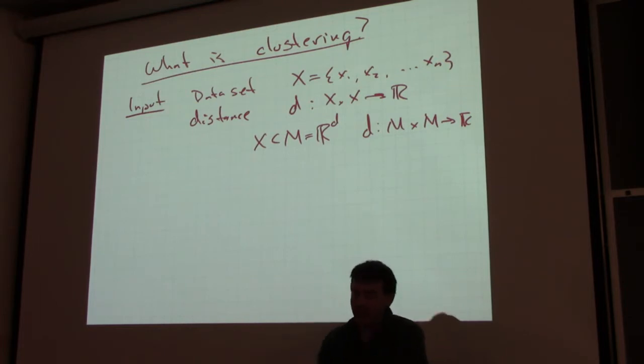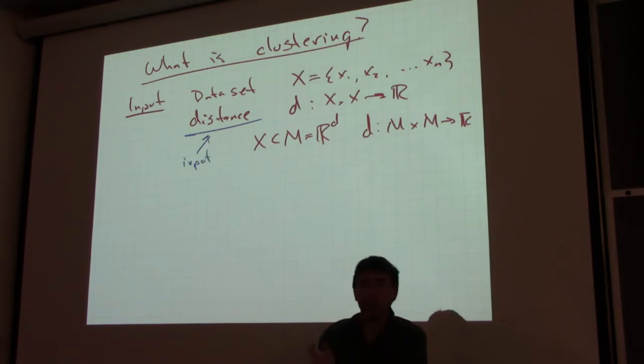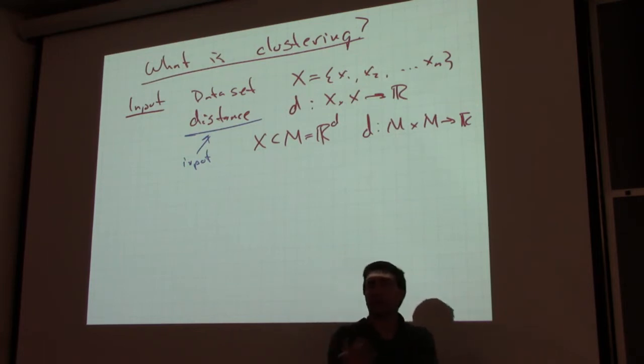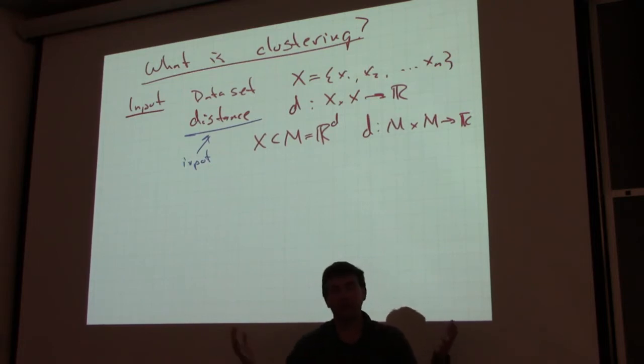Okay, so we're given as input, and this is different than what we've been talking about before, the distance. We assume it's input here, right? So that means that in order to start with the problem, you may assume someone has done the modeling already. You've decided this is the right way to measure the distance between two data points.